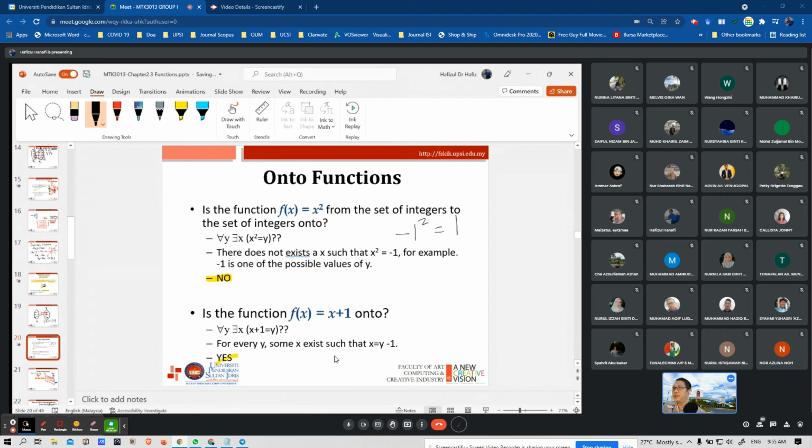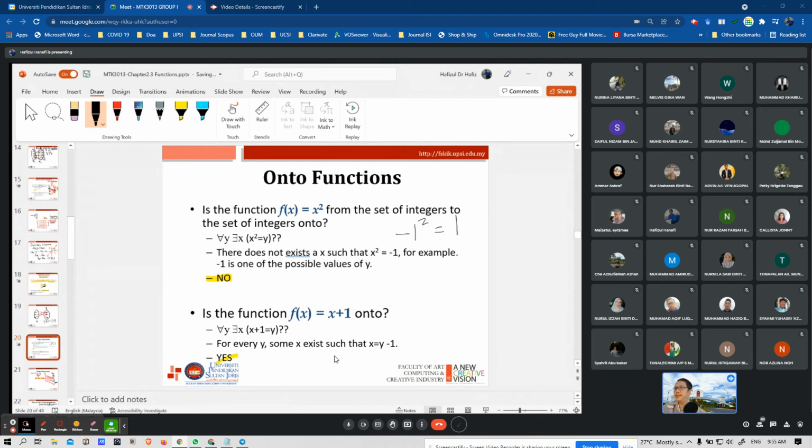There does not exist an x such that x^2 equals negative 1, for example, and negative 1 is one of the possible values of y. So the answer is no.